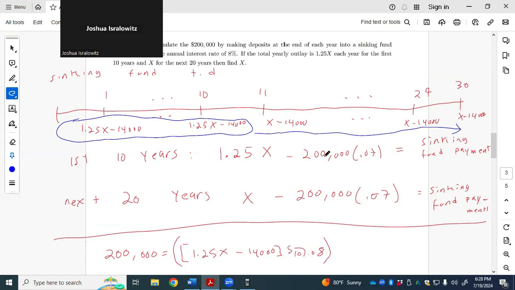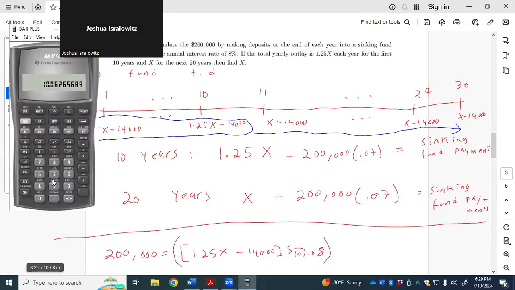The accumulated value formula gives me the accumulated value at the end of the last payment period. That's 10, so from 10 to 30 is 20 years. If I had to guess, growing by 8% each year for 20 years would be maybe about 5 times the amount you start with.